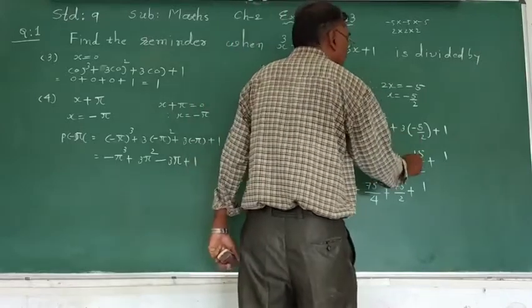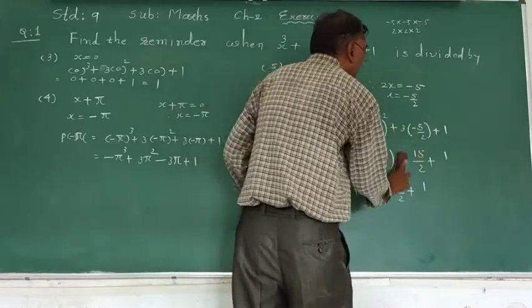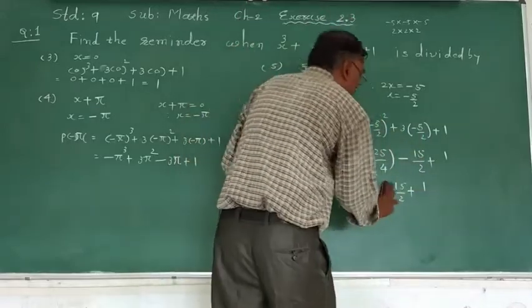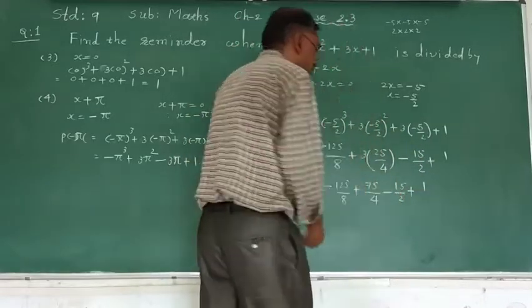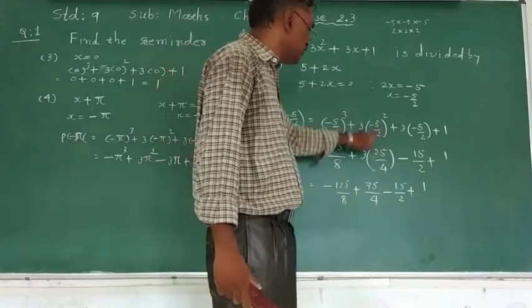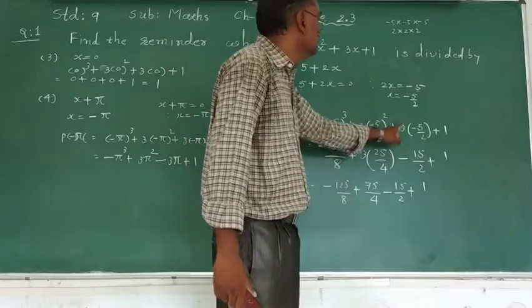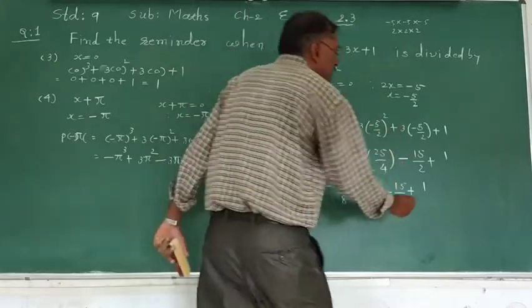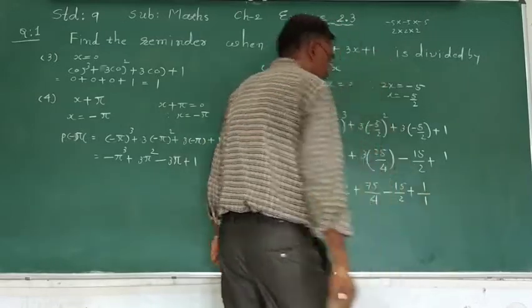Check again. Minus 5 cube is minus 125. Minus 5 square is 25, so here will be plus. 3 5s are 15, but plus into minus, minus. Okay. And here nothing is given, but we can write 1.